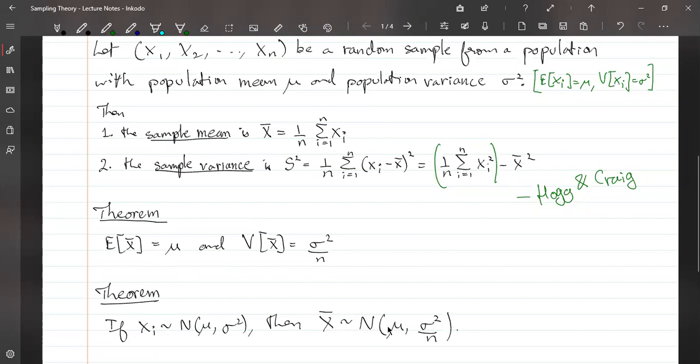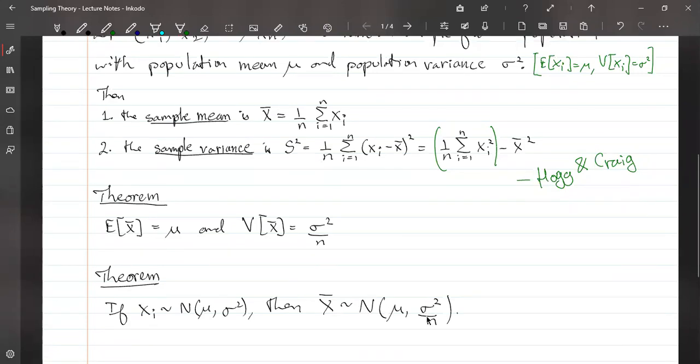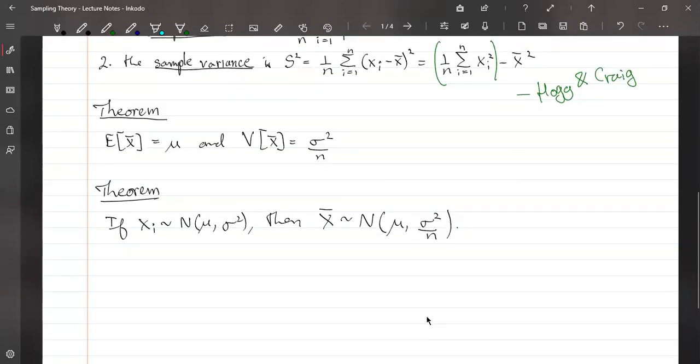So that is n of mu, sigma square by n. This is from an already known property. Recall the reproductive property of the normal distribution.